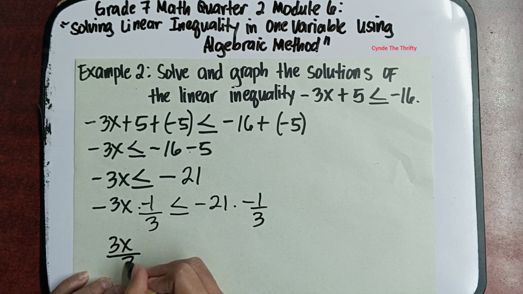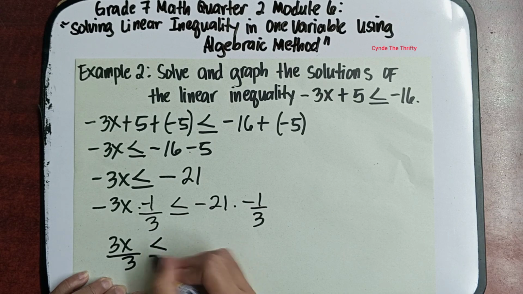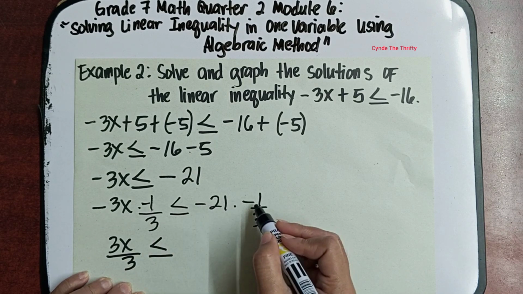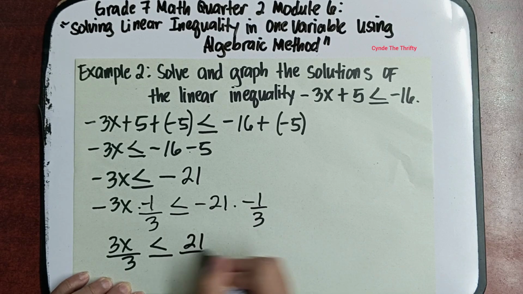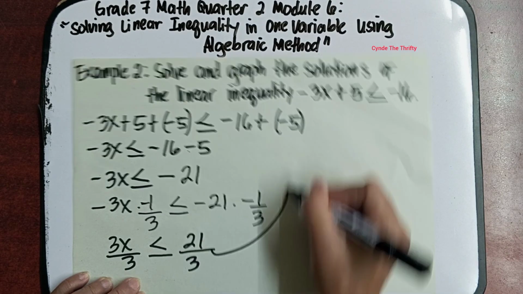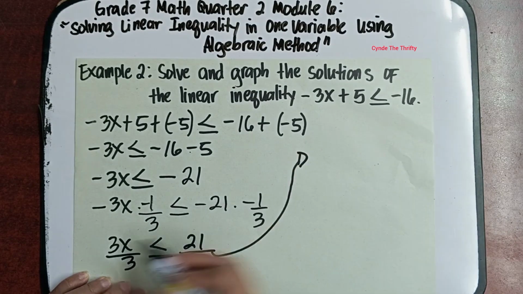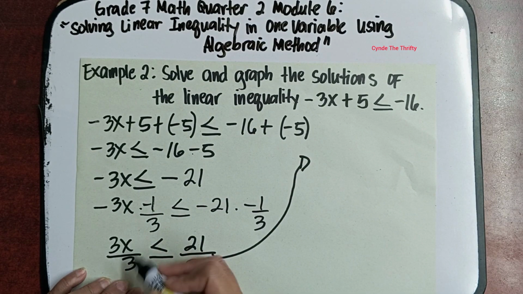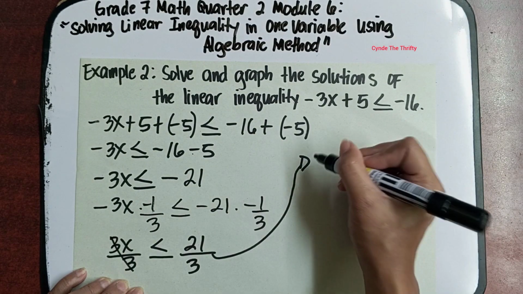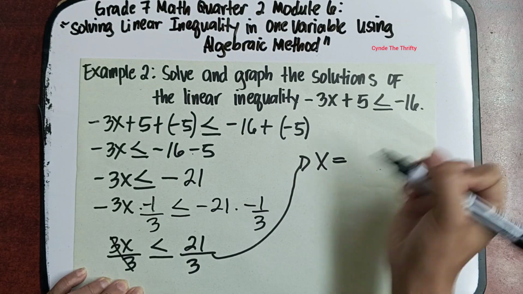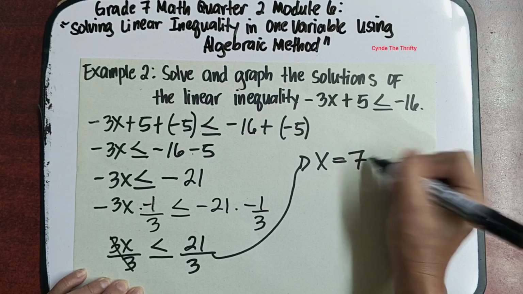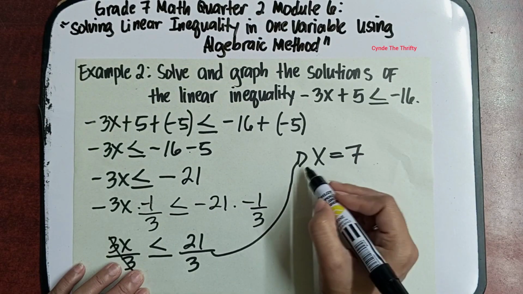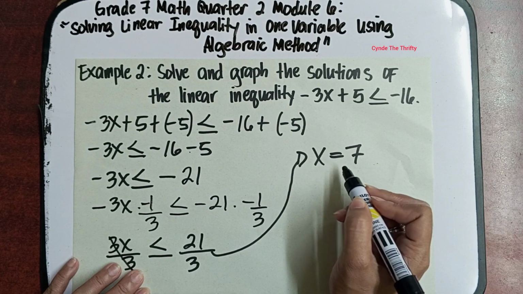Is less than or equal to negative 21 times negative 1 over 3 is equal to positive 21 over 3. Okay, so here, 3x divided by 3, so cancel. So x is equal to 21 divided by 3, which is 7. So, that means the value of our x is 7.